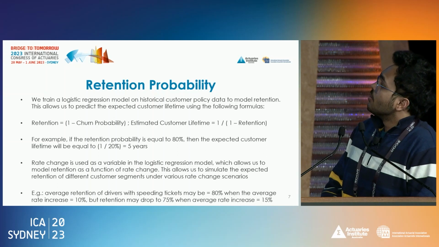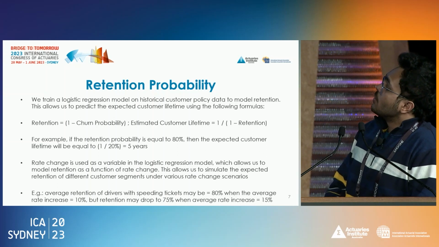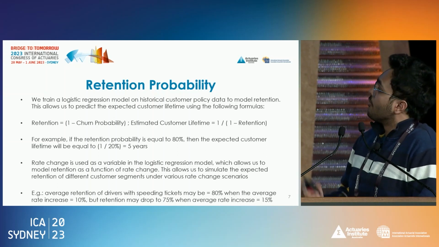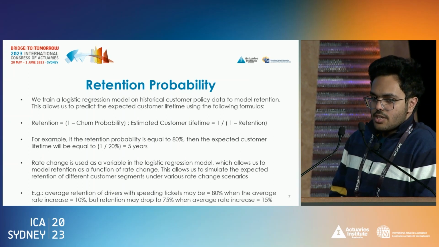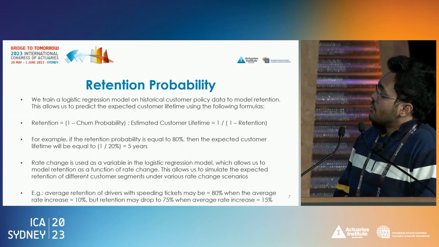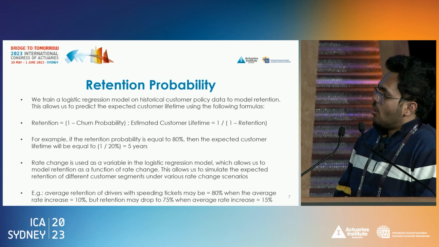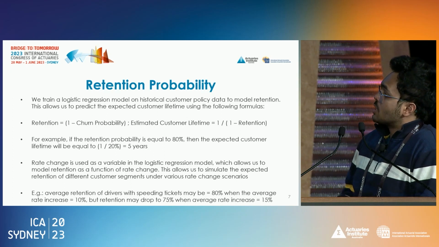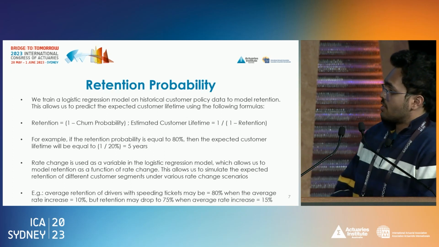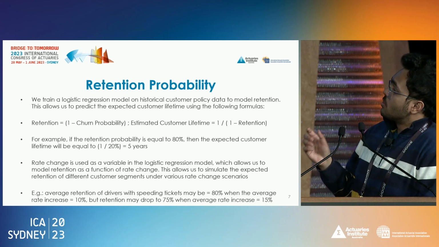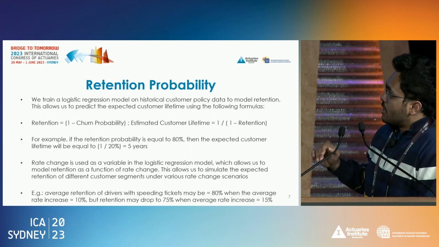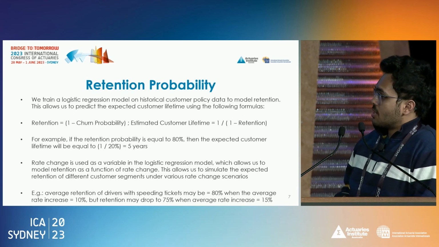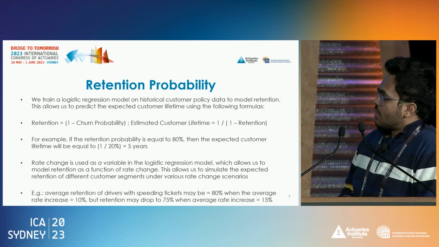The second model in the suite of models is a model to predict the retention probability. Modeling the retention probability helps an insurance company identify how long could we expect to have this particular segment of customers, and therefore be able to identify the overall average profitability or loss experience of a customer across that overall time segment.